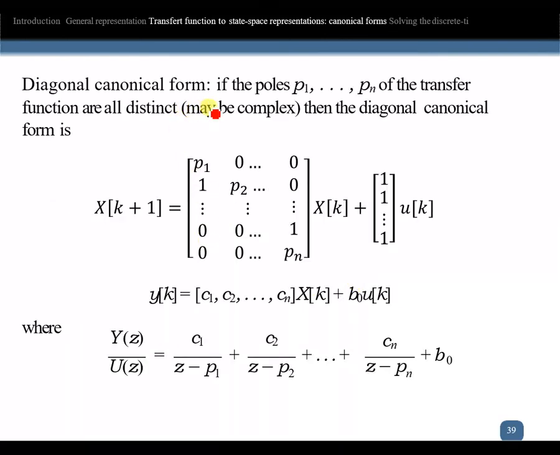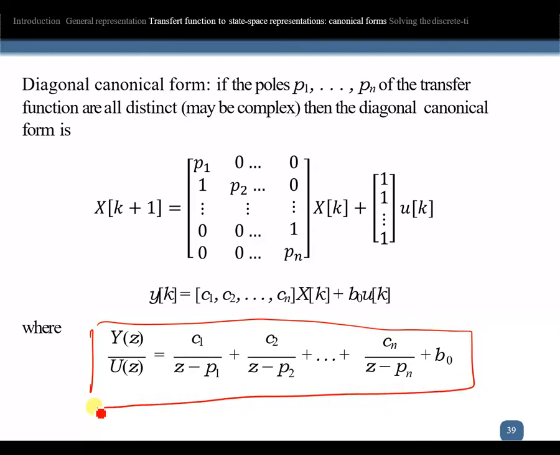Diagonal canonical form: if the poles p1 until pn of the transfer function are all distinct, maybe complex, then the diagonal canonical form will be something like this. That means if you see the transfer function here, after the partial fraction, you can find p1, p2, pn, and the numerators become c1, c2, cn.